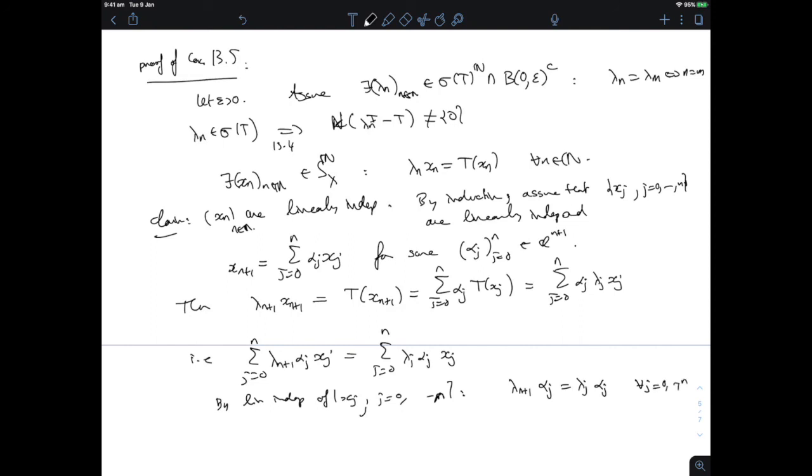Right, and that's a contradiction because lambda_{n+1} cannot be equal to lambda_j for any j.